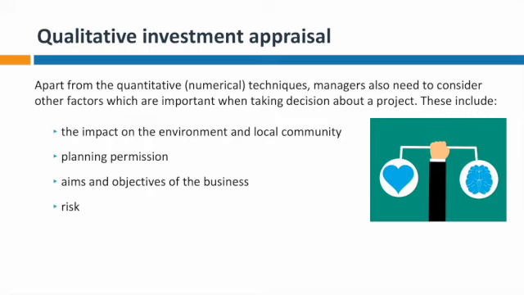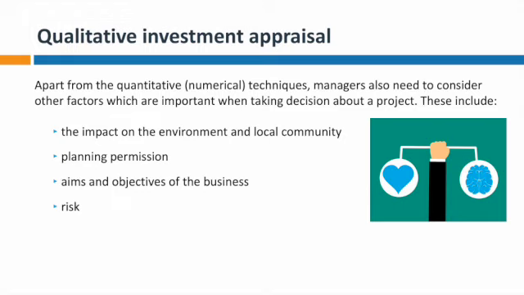We have to take into account the impact on the environment, on the local community, on other important stakeholders of the business. We might need to take into account some planning permissions, also definitely the aims and objectives of the business. Is its primary objective to be maximizing profit?